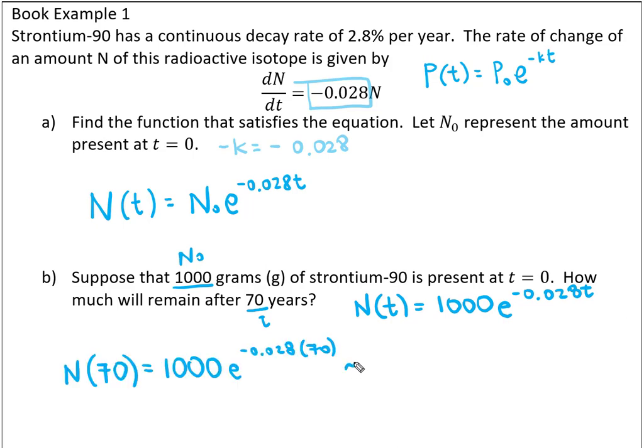Using my calculator, I get approximately 140.858 grams. We can say that there's approximately 140.858 grams of strontium-90 after 70 years.